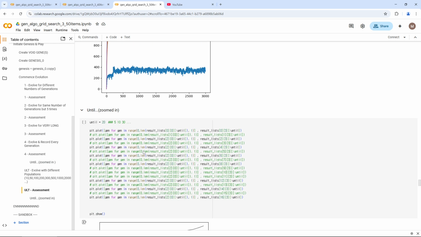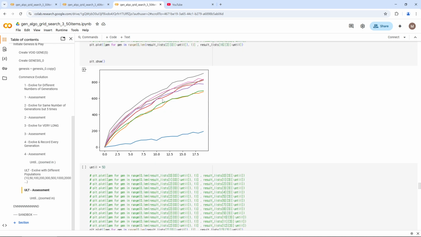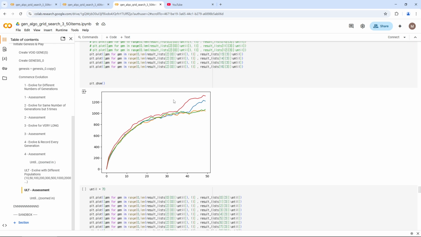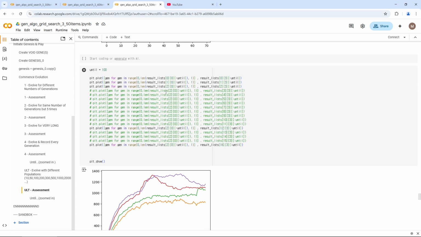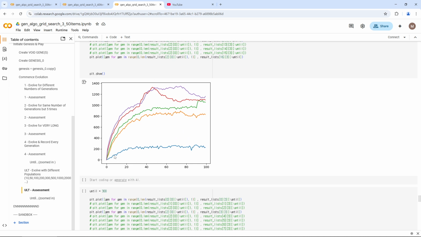Yeah, and if we zoom in until generation 70, there's the peak. You start getting the peaks. Generation 100, we got the peaks. Some runs have already gone through the peak, and then they fell down, and then they're starting to plateau out.